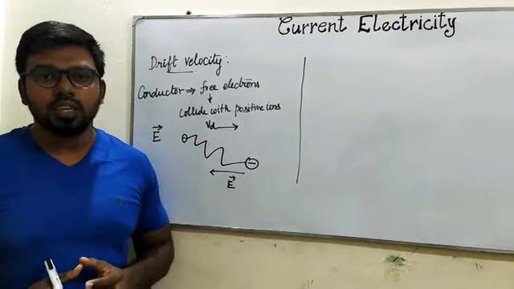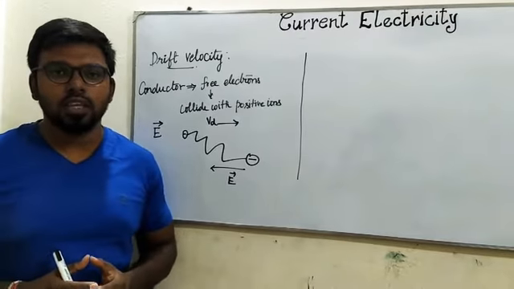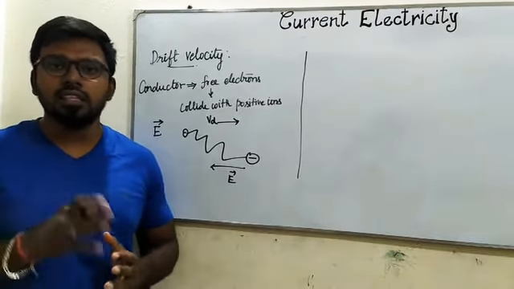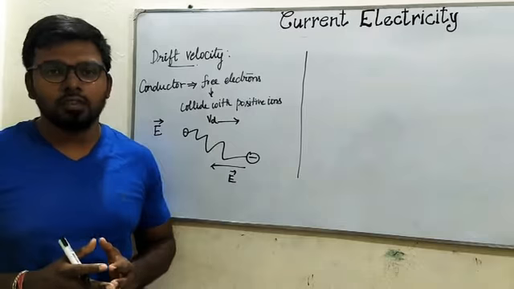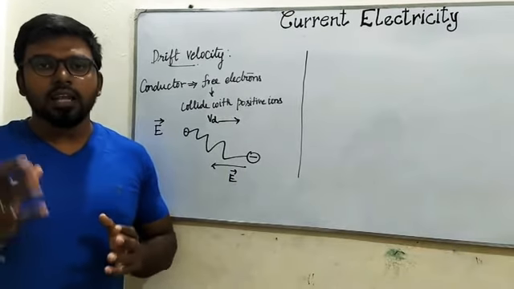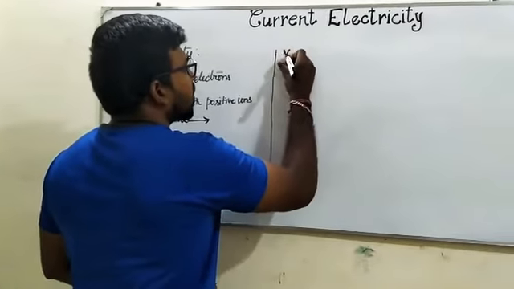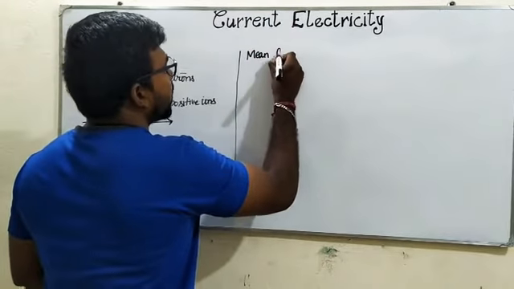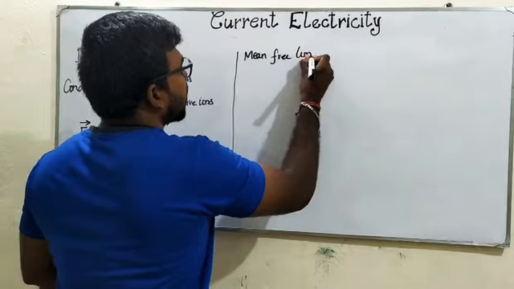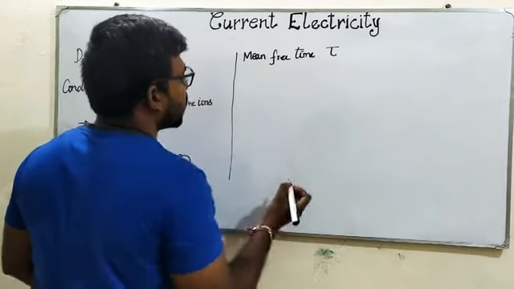Drift velocity is defined as the average velocity acquired by an electron inside the conductor when an electric field is applied. The time between two successive collisions is called the mean free time, which is denoted by tau.